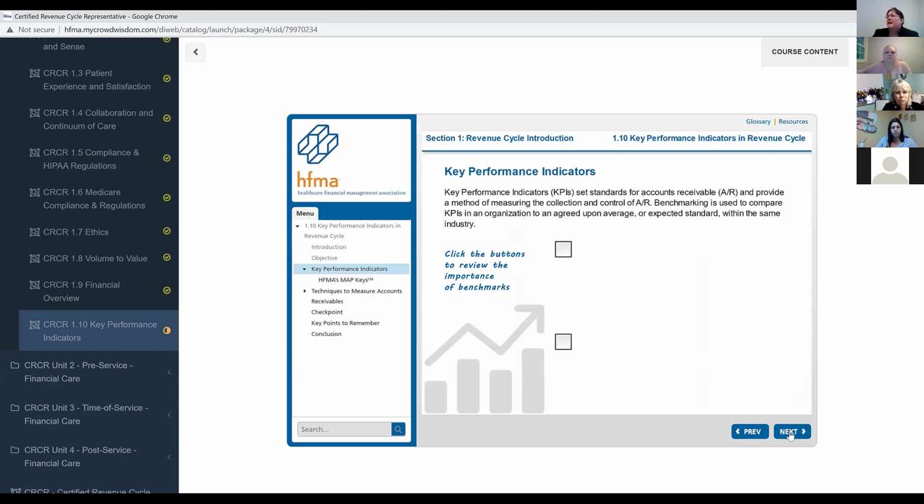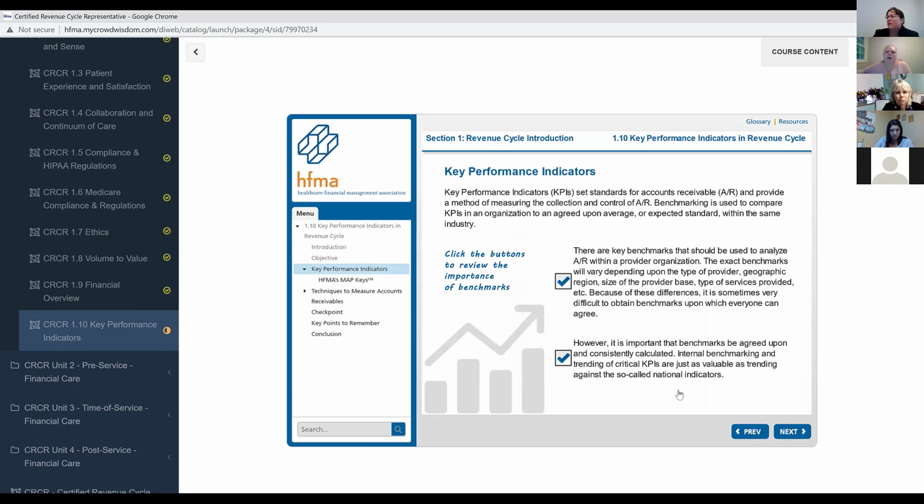So the HFMA MAP Keys are the 25 key performance indicators that are divided into the 5 major groups: patient access, pre-billing, claims, account resolution, and financial management. I guess these were modified or redefined to better reflect current industry practices.